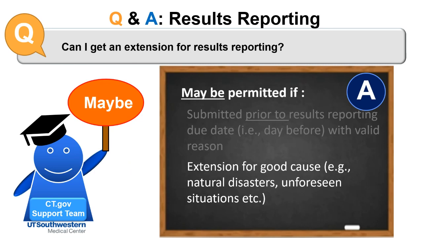For example, natural disasters, unforeseen situations, etc. And the extension request must include a description of the reasons that the responsible party believes constitute good cause to justify an extension, and an estimated date on which the results information will be submitted, with sufficient details to allow for evaluation of the request.